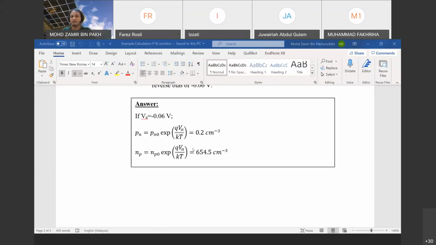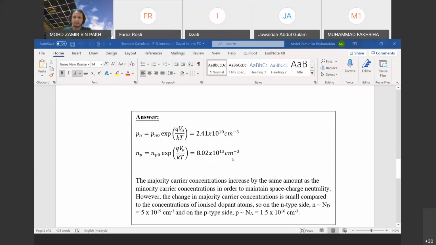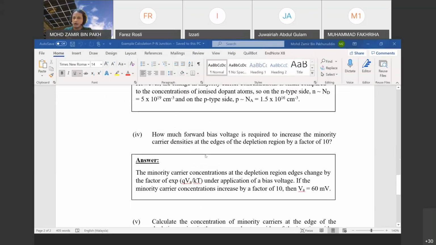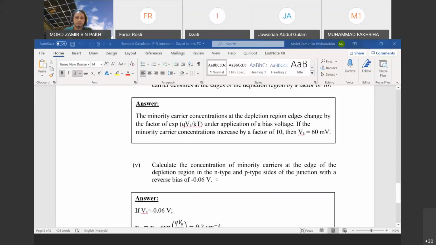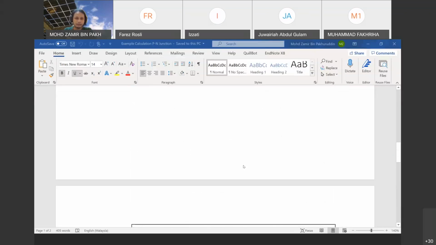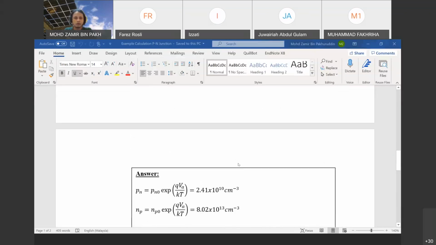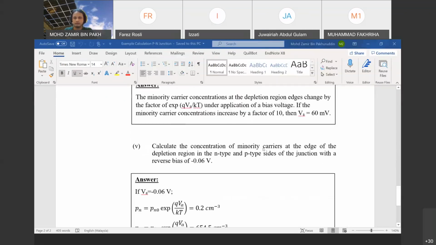If this gives you a much bigger value than this, then the calculation is in trouble and you won't be able to explain it. I'll share this, and a bit of elaboration on the ratio of the 60 millivolts, in e-learn. This one is only a brief one, just to discuss.